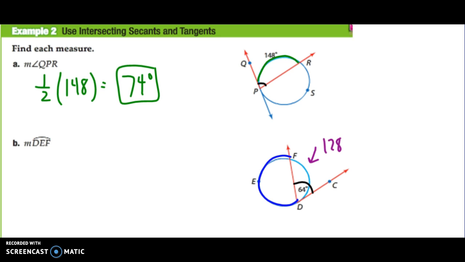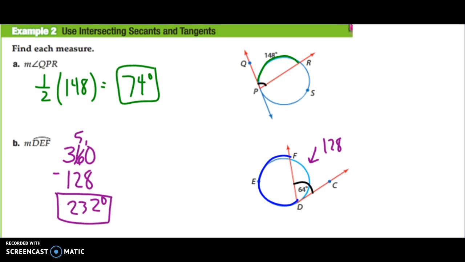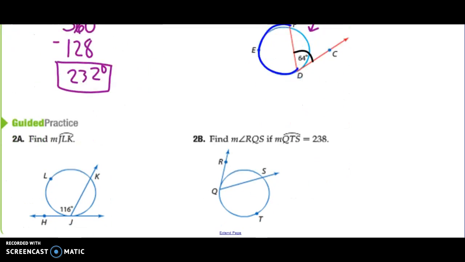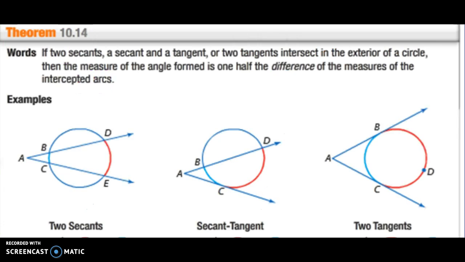And remember what I said earlier, that all circles add up to 360. So I'm just going to take 360 minus the 128 of the arc we do know, and that means that DEF is going to be 232 degrees. Again, those are some guided practice problems you can try now.